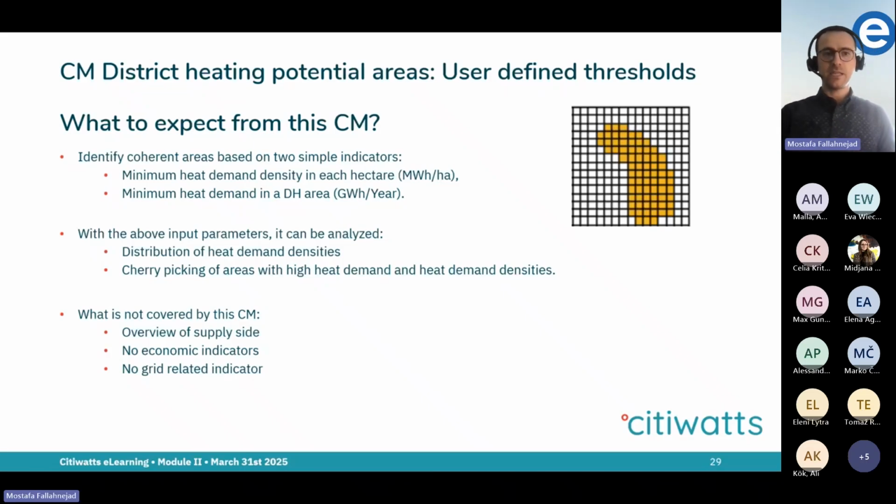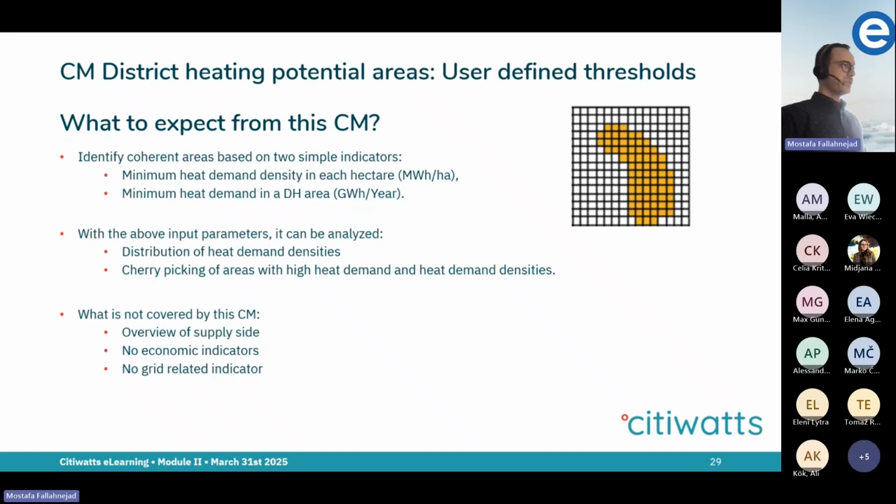It's a simple calculation module that can be used for orientation to see where it could be potentially interesting for a district heating system, and it is basically focusing on the demand side. So it looks into the heat demand densities, and you can use it for the first quick identification of areas that potentially could be interesting for district heating.